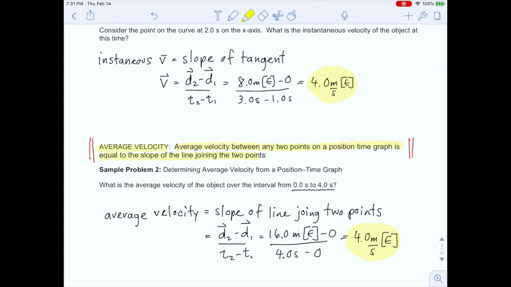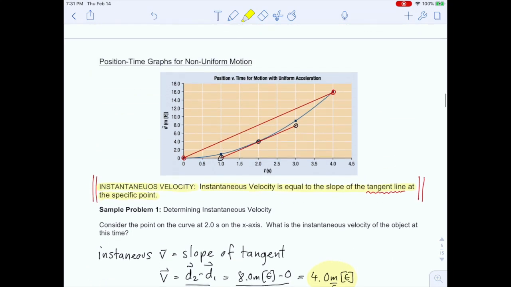Well, t equals 2 seconds is the midpoint of the interval 0 to 4 seconds. So, is that a coincidence, or does the average velocity over an interval equal the instantaneous velocity at the midpoint of the interval? Well, it is a general rule.